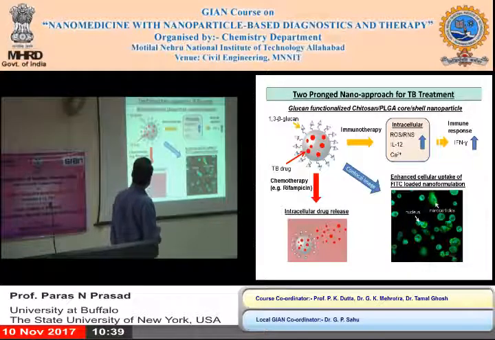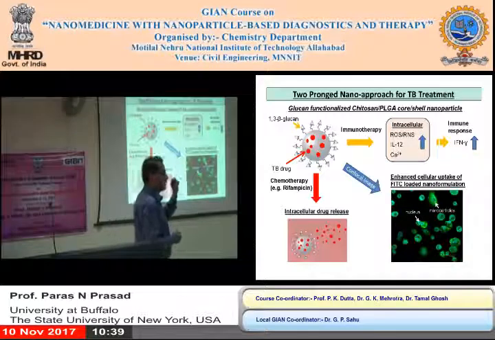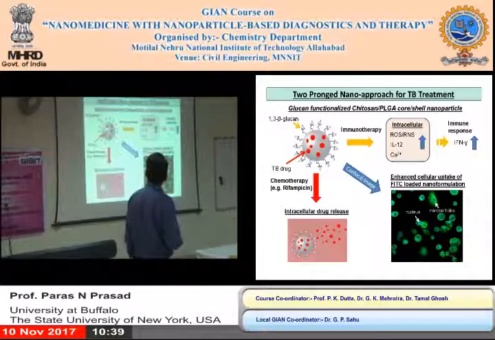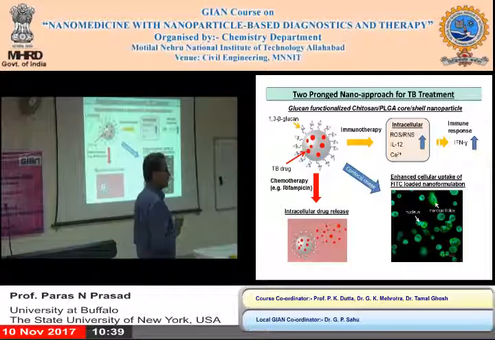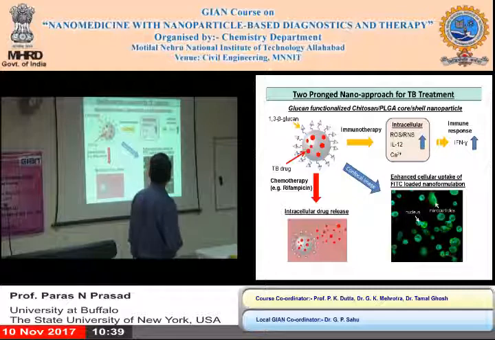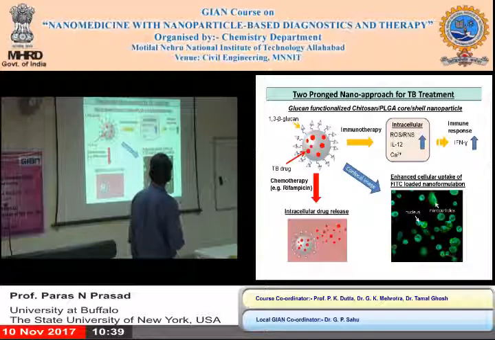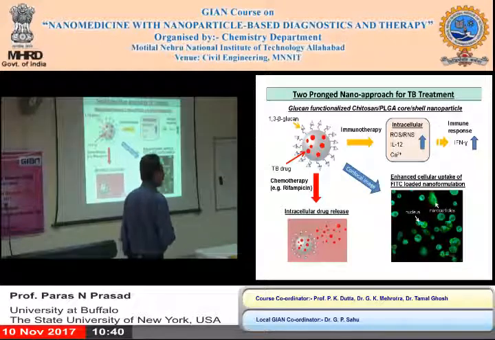So that's included inside the hydrophobic region. And then we coated it with a layer of chitosan. This is a biopolymer, made of saccharides, and this is hydrophilic. So we coat that over there, and then on the surface we connected this molecule called beta glucan.